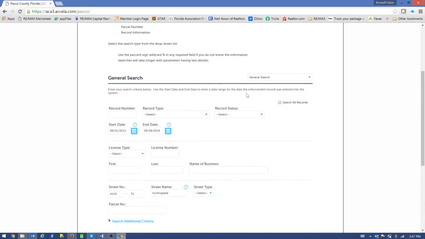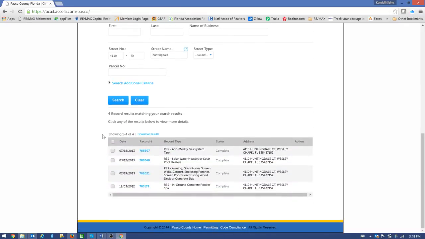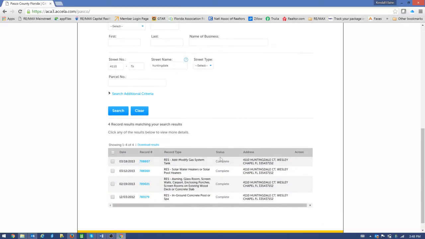They've obviously changed the website some because I never saw that date section before, but that's fine. Just pick a date as long as the sellers own it, or go back 10 years or however long, and you're looking for, in Pasco County at least, for it to say complete here. All right, so super easy.